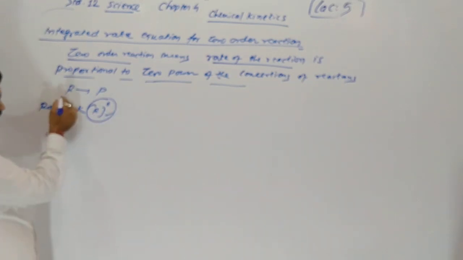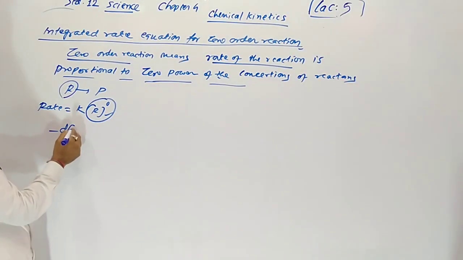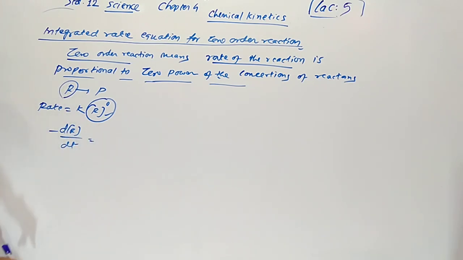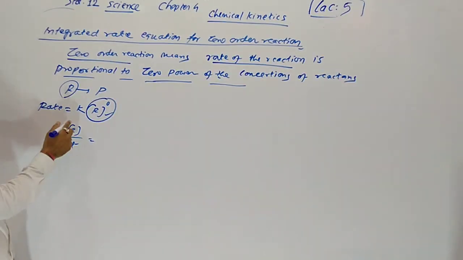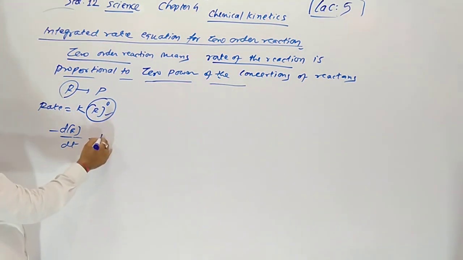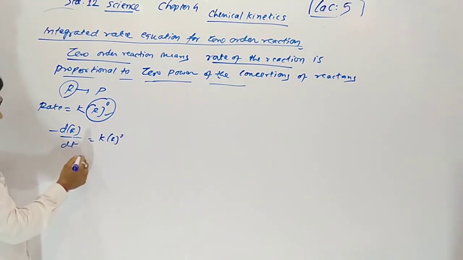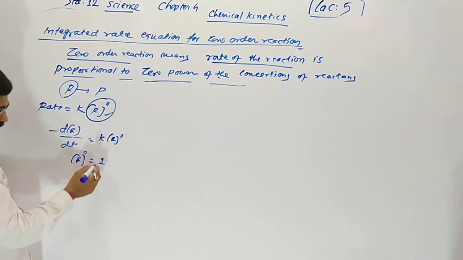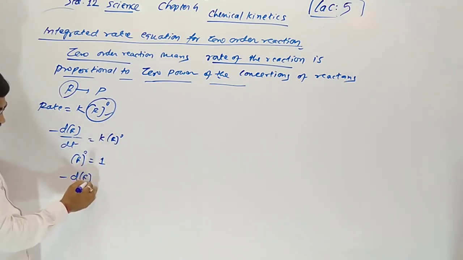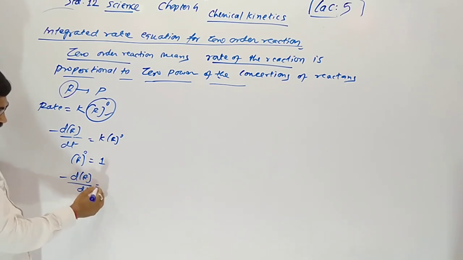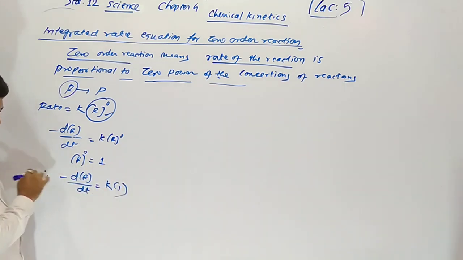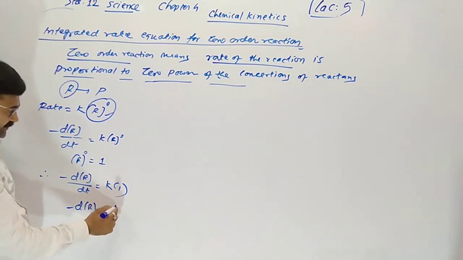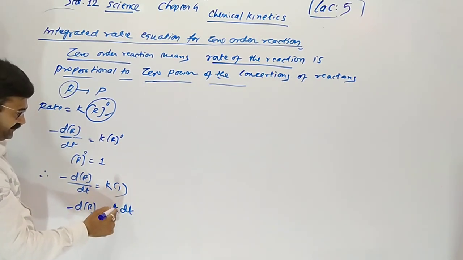So we can represent the differential rate in derivative form: dR upon dt equals k R raised to 0. Here R raised to 0 means one, unity, so minus dR upon dt is equal to k. Now minus dR is equal to k into dt.